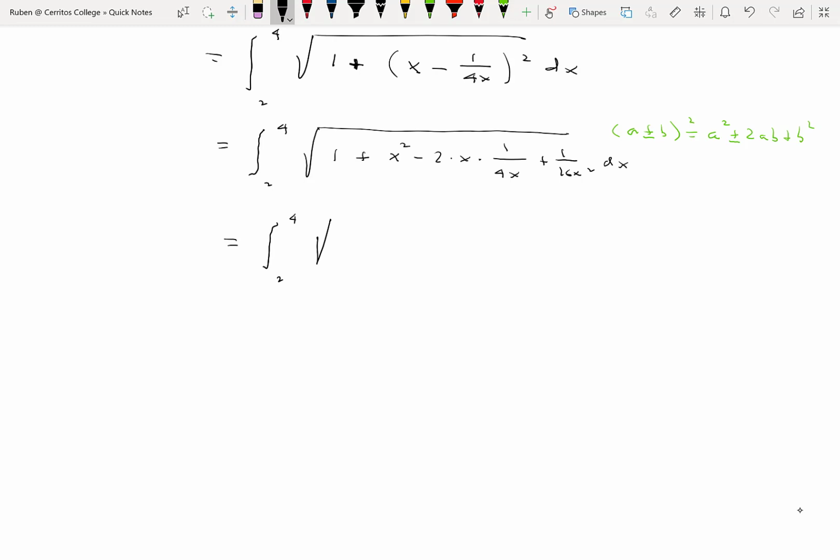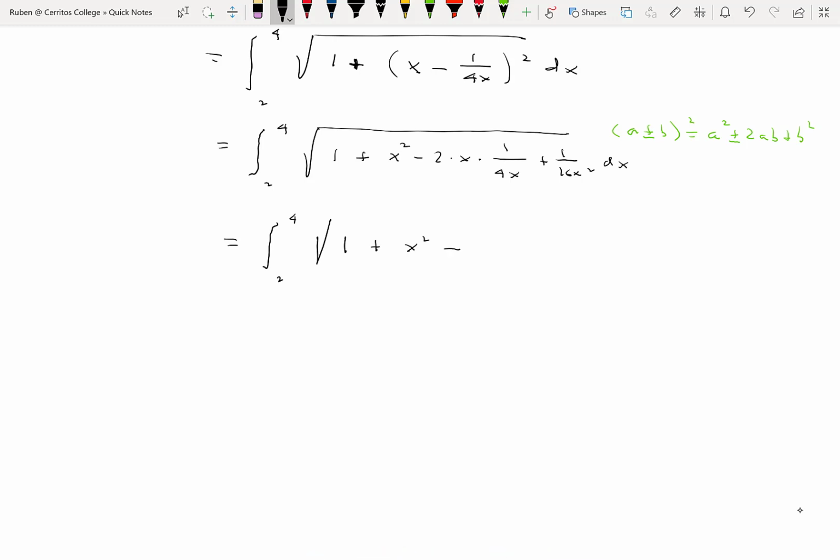So I'm not gonna move things around underneath the integral sign. I'm gonna leave the 1 where it is, and that's part of the trick. So 1 plus x squared, and look at what happens with the middle term on that expanded binomial. You have 2 times x times 1 over 4x. Well, the x cancels, and 2 divides into 4 twice.